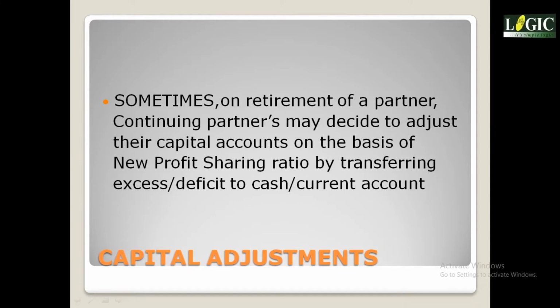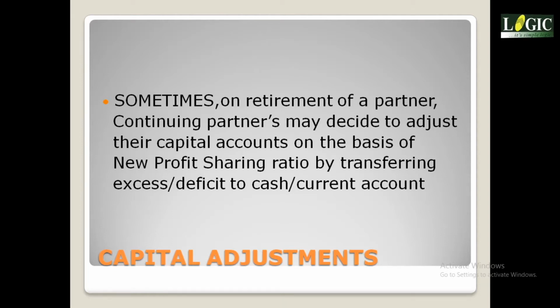The accounts to be prepared remain the same, that is revaluation account, columnar capital account, cash account and balance sheet, and the procedure is also the same. The only difference is that the revaluation profit or loss you will be transferring to all, including the retiring partner, because he was there in the firm till yesterday.